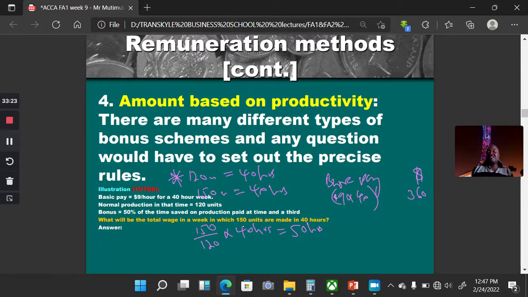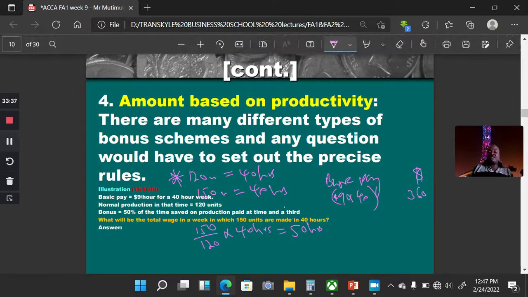Which means the gain, but the 150 units were supposed to have been made in 50 hours. So there was a saving of how many hours? 150 units were supposed to have been made in 50 hours, as we have computed here.